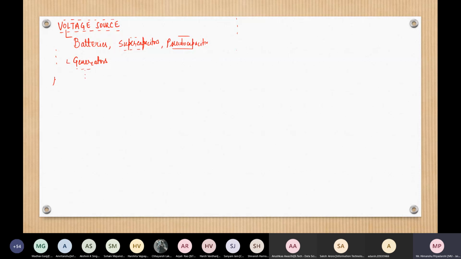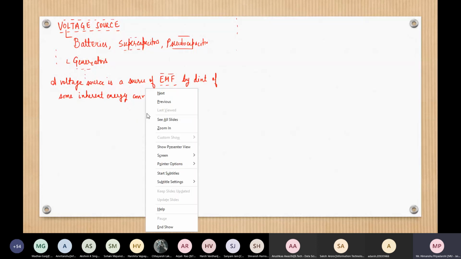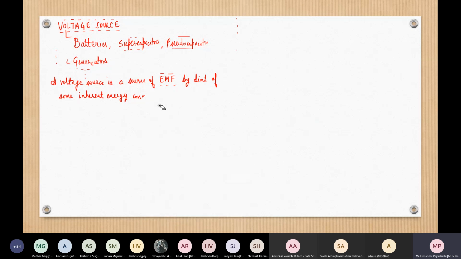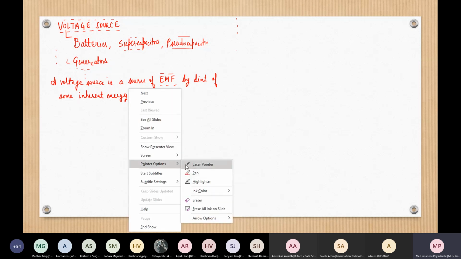So a voltage source, let me define it, is a source of EMF, electromotive force, by dint of some inherent energy conversion, or I should say energy generation, energy storage, energy conversion mechanism.